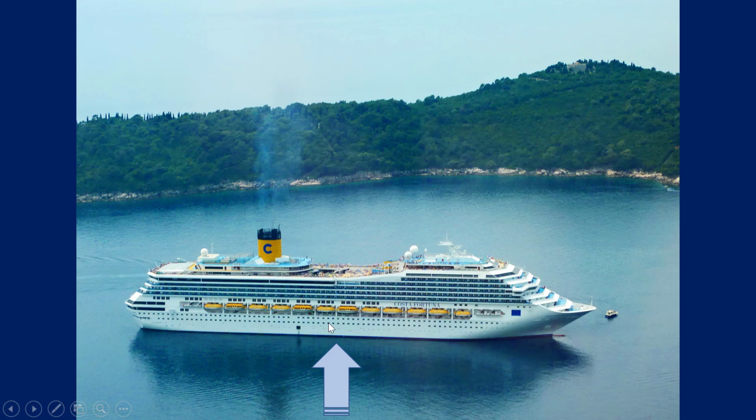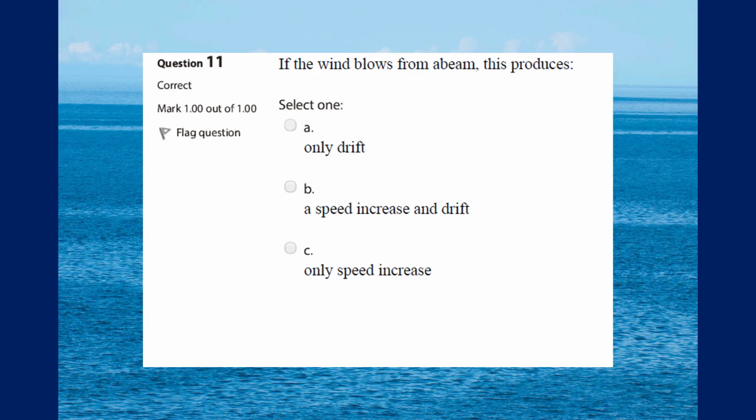So what do you think will be the effect on the ship? It may not necessarily affect the speed of the ship, but it will push it to the port side. That will cause only drift to the ship. So our correct answer will be only drift.